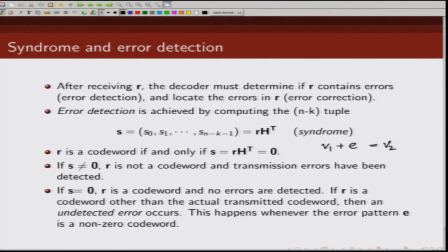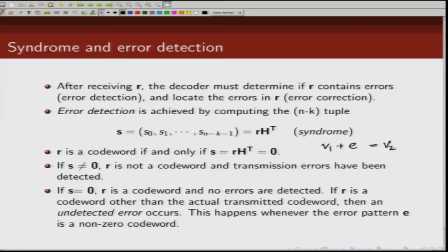your error pattern is such that it transforms one code word into some other code word, and that is what we have written here. So, if S is 0 and R is a code word, that means no errors are detected.